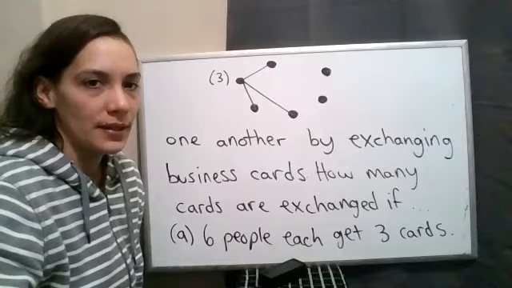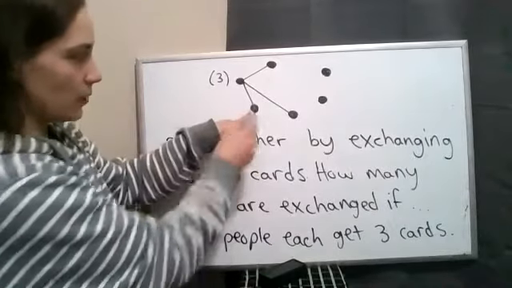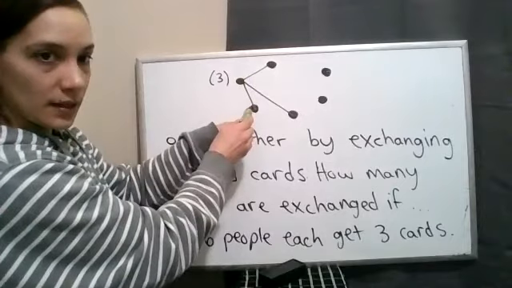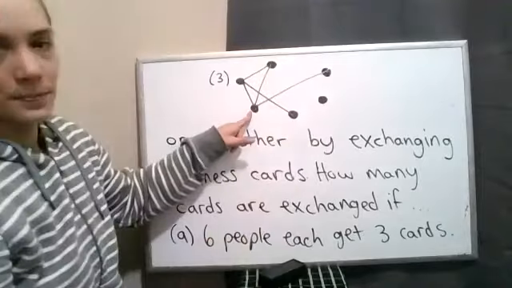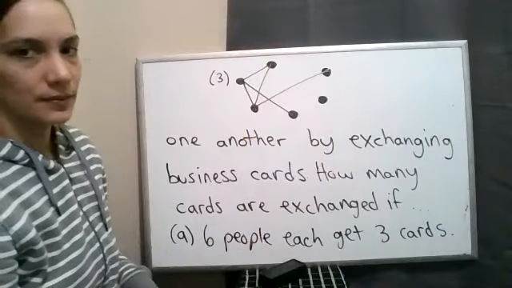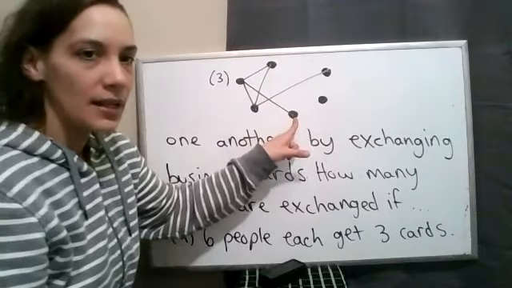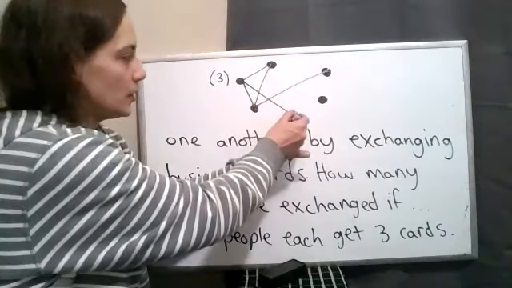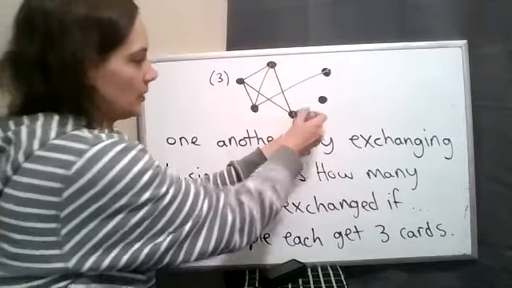Okay, we have another 3, starting here. 1, 2, 3. This person already has 1 card, and they're going to go to that vertex and that vertex.